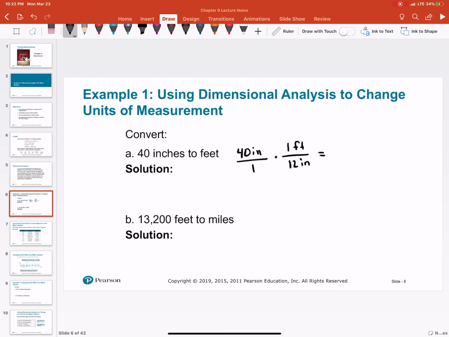If we look, we see that our inches cancel because 1 is in the numerator, 1 is in the denominator. So we get 40 over 12 feet.